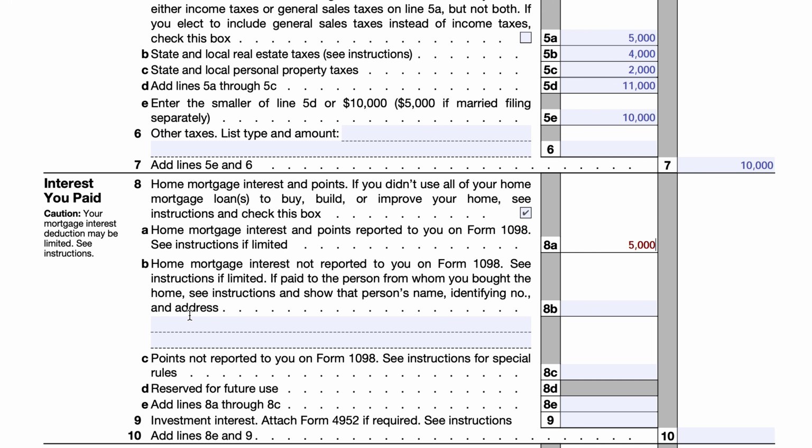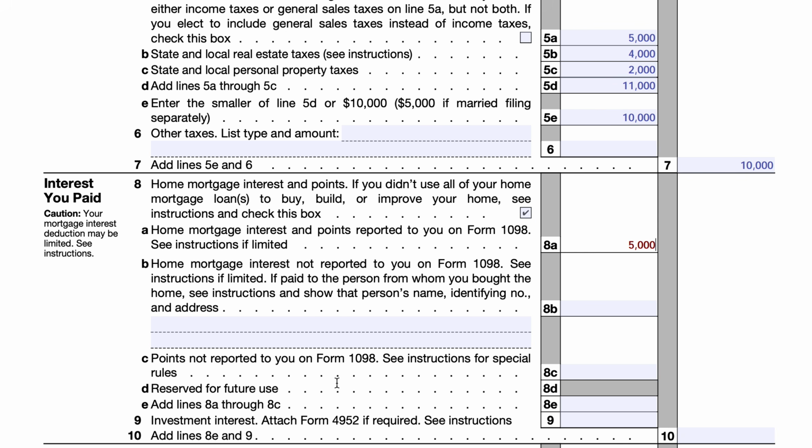The other thing is that you also have to let the recipient know your social security number, or else you're subject to a penalty because they have to report that as income on their tax return, and they would need your social security number. And this allows the IRS to cross-reference the two tax returns to make sure that you're on the same page. And then line 8C is points that weren't reported to you.